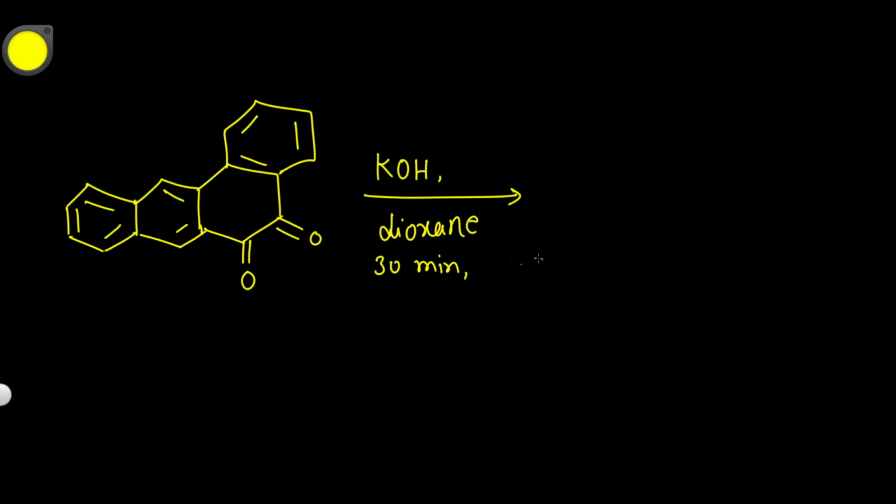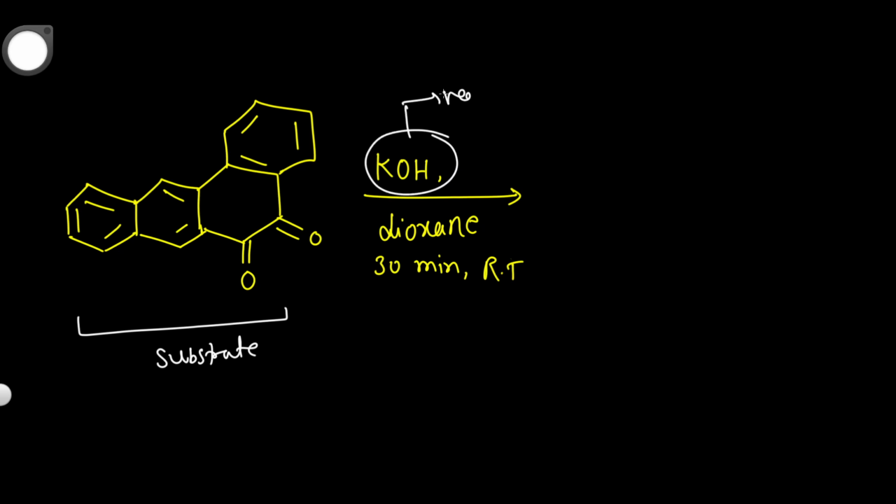So this is the condition of the reaction, and you know that this is the substrate, and this is the reagent, and we have to find the product. Because this is a benzil, why is it called benzil? Because it is a 1,2-dicarbonyl, this carbon and the adjacent carbon also have a carbonyl.